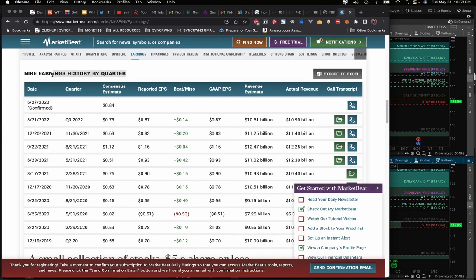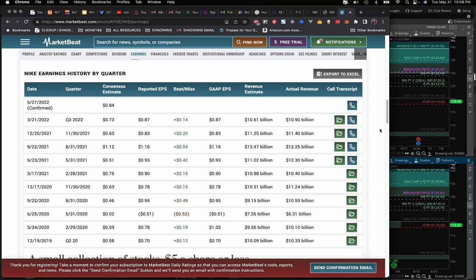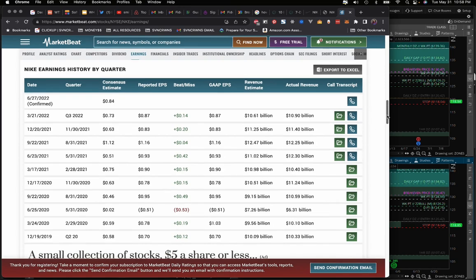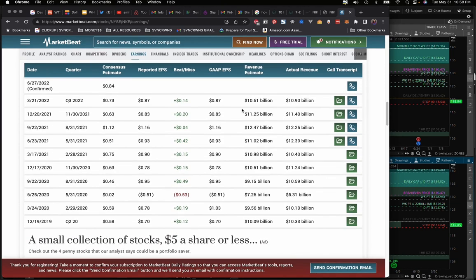This is the chart you want to look at. Let's close that. So basically the column we want to look at is this beat miss column and a revenue estimate. I'm sorry, actual revenue, that one here.